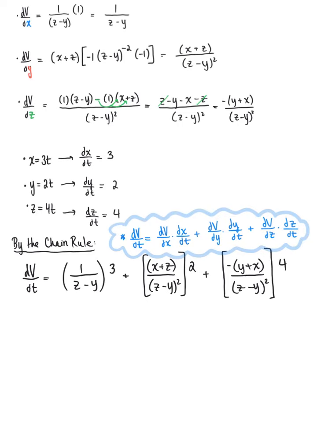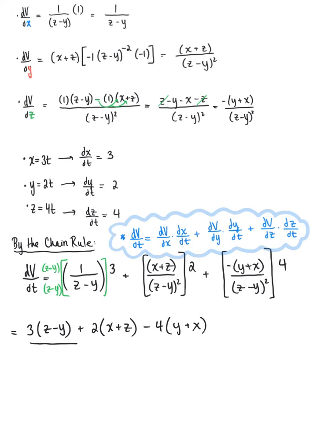So let's simplify this a little bit, get a common denominator. So simplifying, we can rewrite this as 3 times z minus y. And now I have z minus y here because I'm thinking about getting a common denominator. So I'm multiplying the numerator and denominator of this first term by z minus y. Then we have plus 2 multiplied by x plus z minus 4 multiplied by y plus x. And that is all divided by z minus y squared.